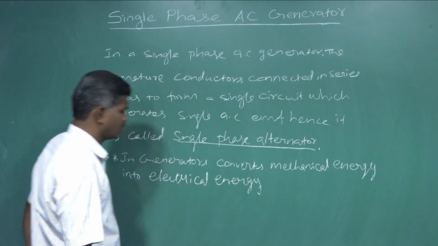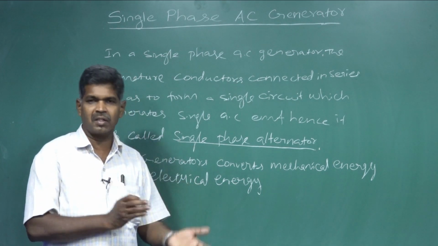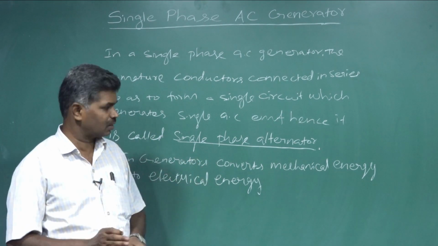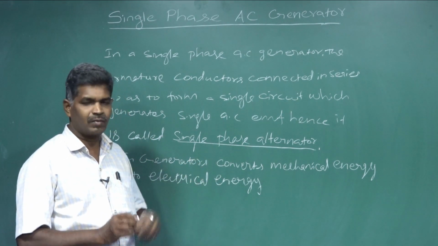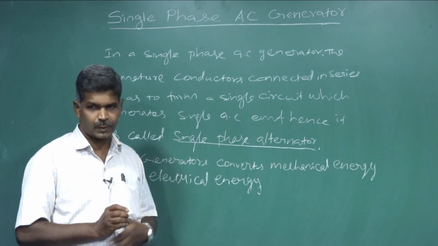So you know that in either an AC generator or a DC generator, it may be a single phase AC generator or any electrical generator, there we have a conversion of mechanical energy into electrical energy.